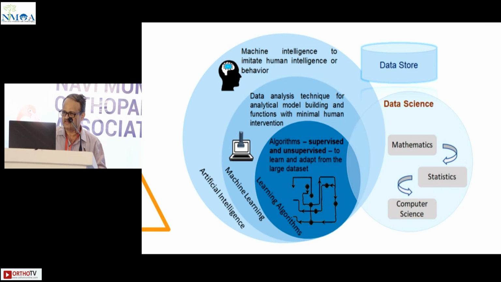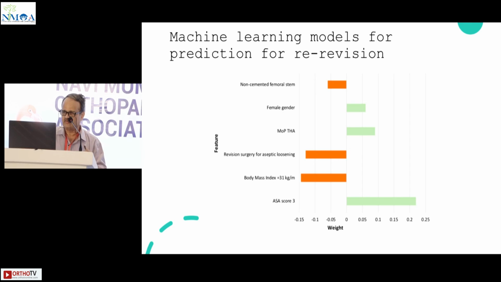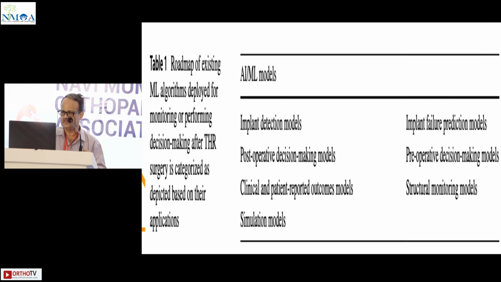And now it's going to be the era of artificial intelligence, where the machine is going to predict which situations are high risk for re-revisions. They will detect the implant, predict the failure, and make decisions in the postoperative period.